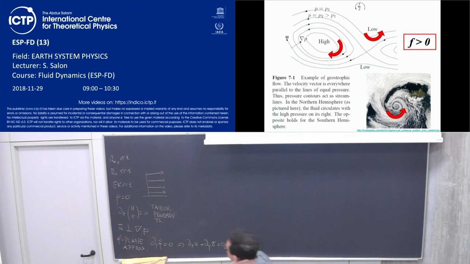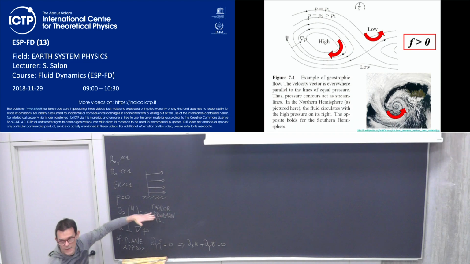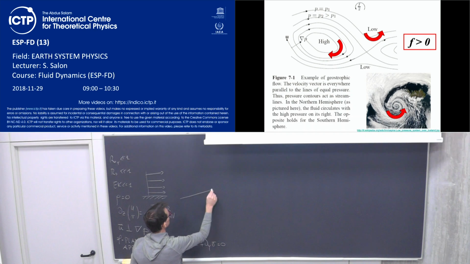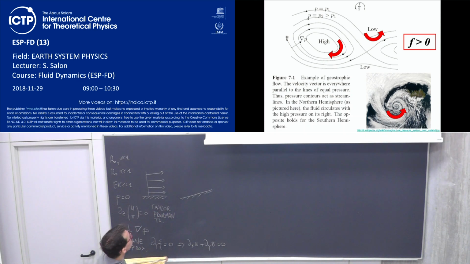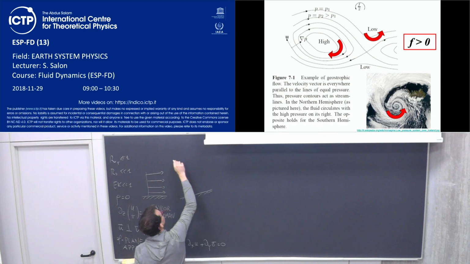So what we did so far was for a flat bottom. We never talked about what the bottom is or how the bottom is, but we hypothesized that the bottom is flat. So what happens if the bottom has a sort of inclination? Let's think that we have a layer of the flow.